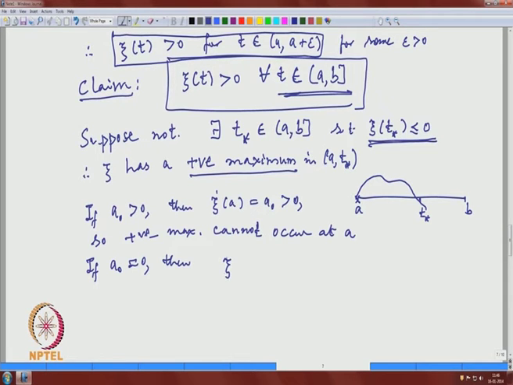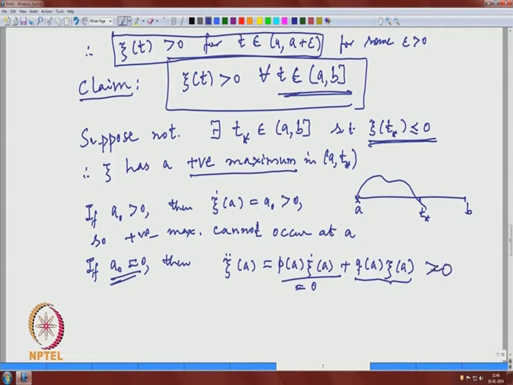J double dot A is equal to P(t) J dot A plus Q(t) J(A), and now we are assuming A0 is 0. So, that means this term is 0, and this is Q(t) J(A), and J(A) is A1. So, this is strictly positive.